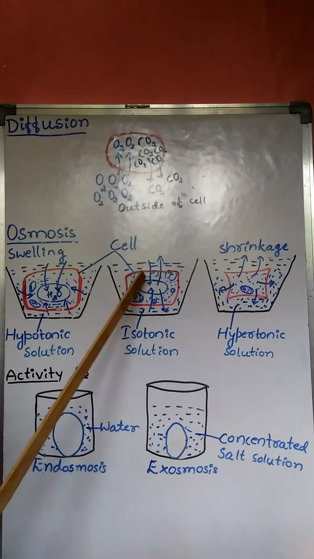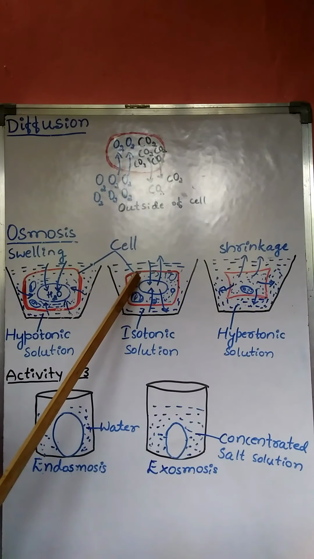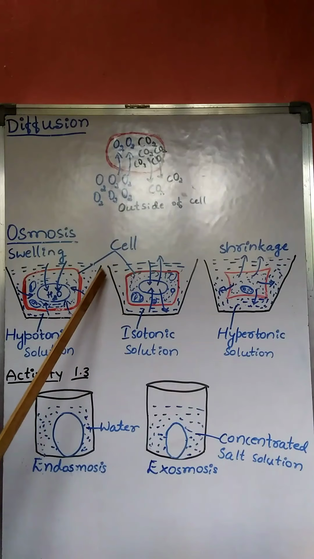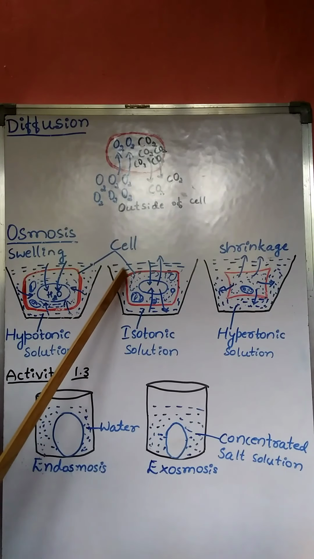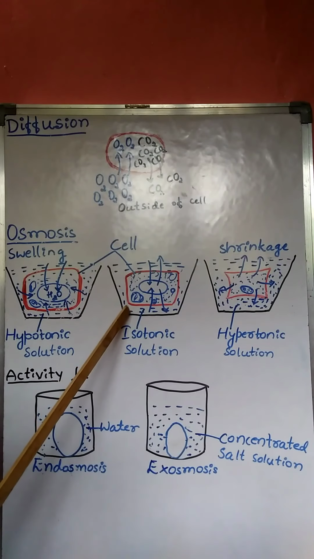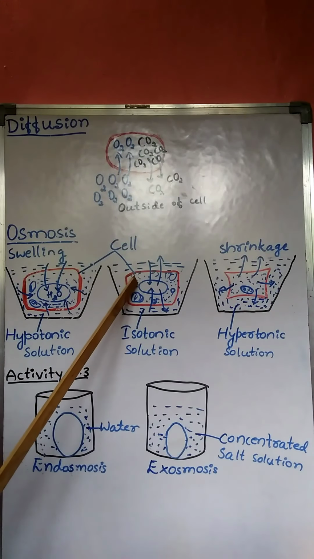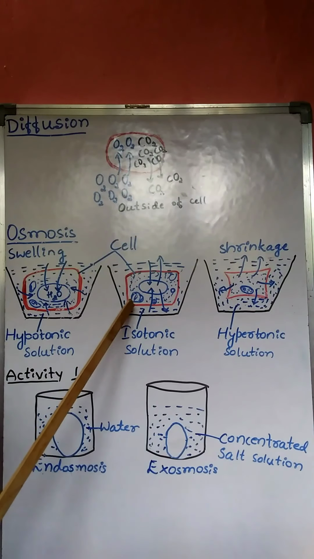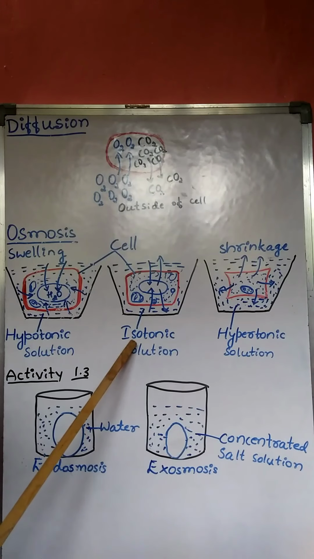That means the number of water molecules inside the cell is equal to the number of water molecules present outside the cell. Iso means same.